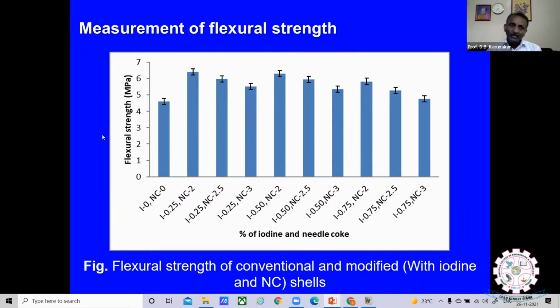These are all the different samples. When we measure the flexural strength, you see, the conventional shell has the lowest flexural strength, whereas the shell with iodine 0.25% and needle coke 2% has the highest flexural strength. Yes, this is one observation.